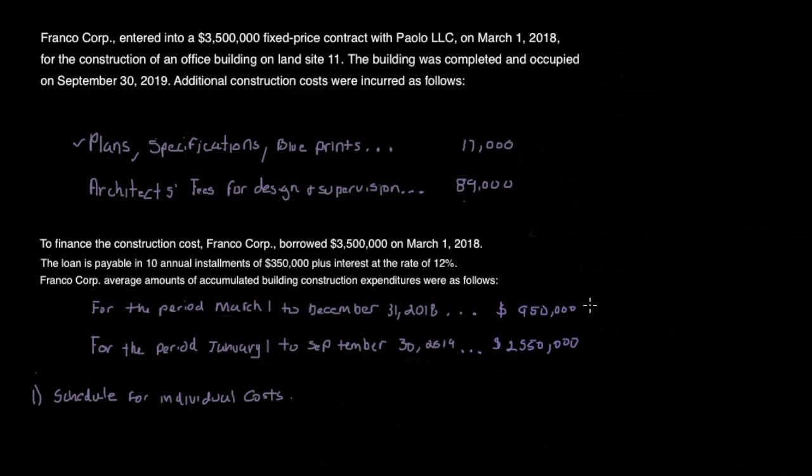These are the average construction expenditures for 2018, and then at the bottom for 2019. So it's asking one question here, and there are multiple parts, but they are all very simple. So let's go ahead and knock this out.